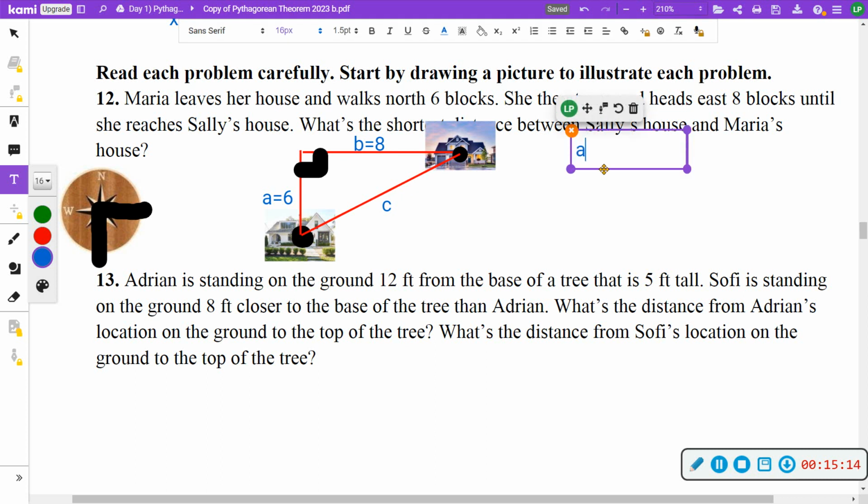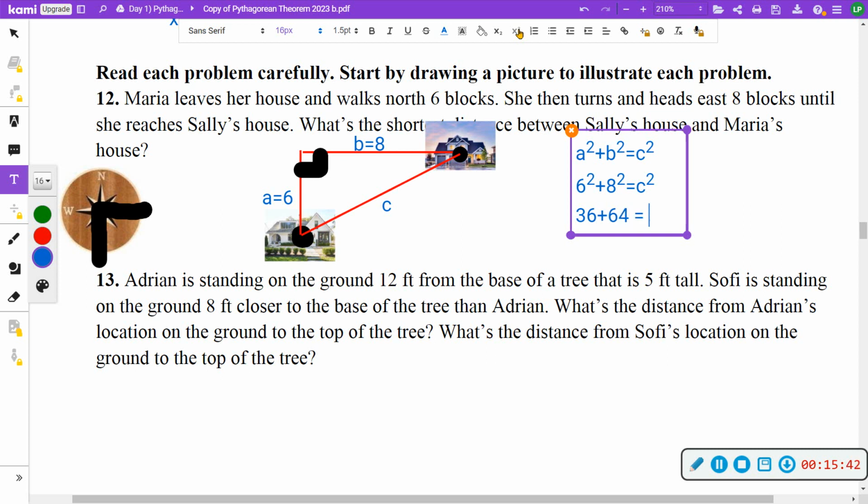I would then work it out. So I know A squared plus B squared equals C squared. And then I would plug in, what's A? 6. What's B? 8. And we don't know C. Let's see, 6 squared is 36, 8 squared is 64, 36 plus 64 is 100.